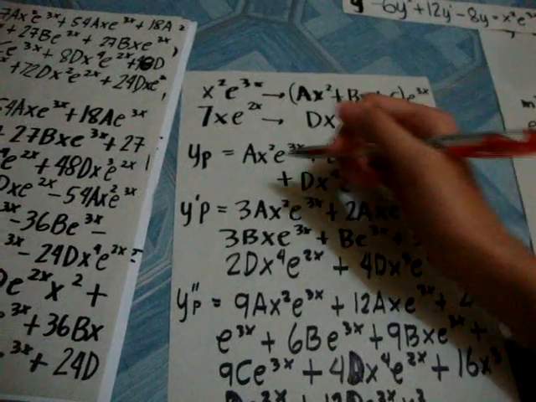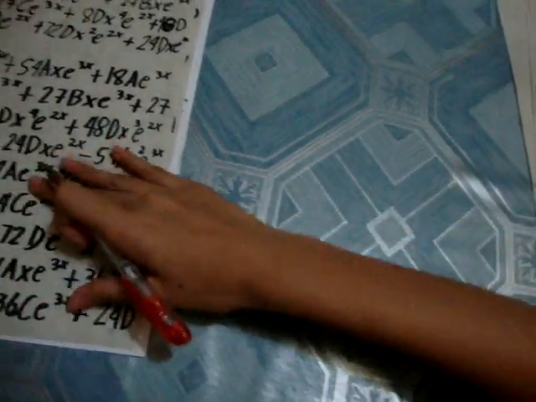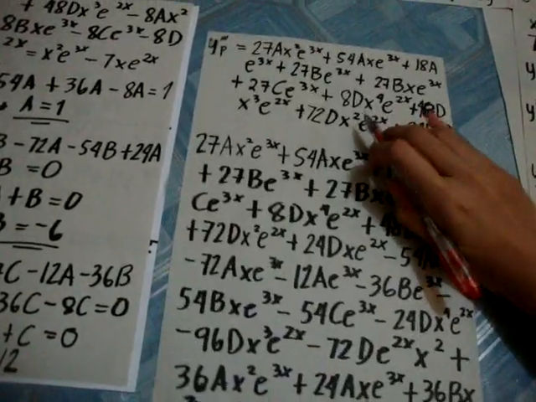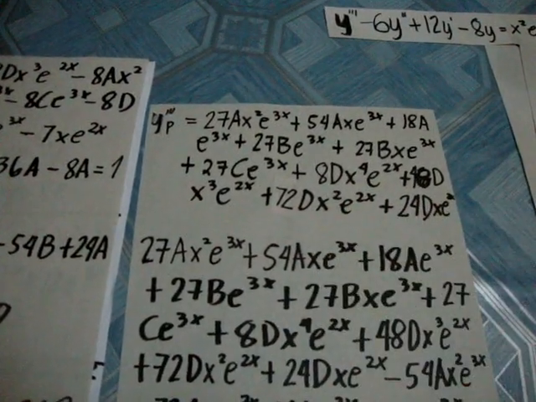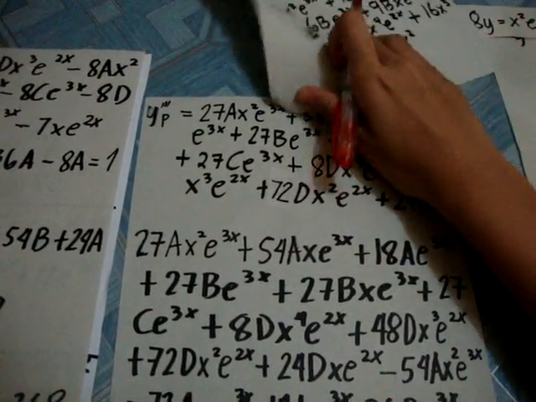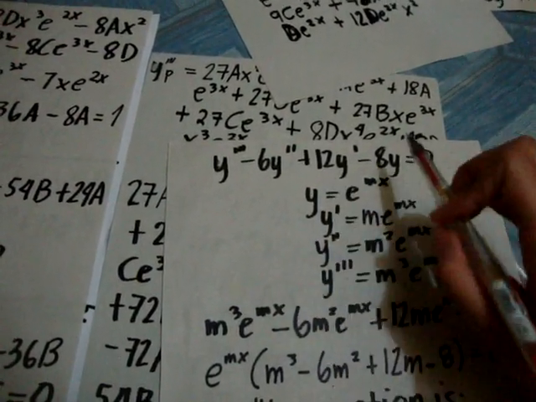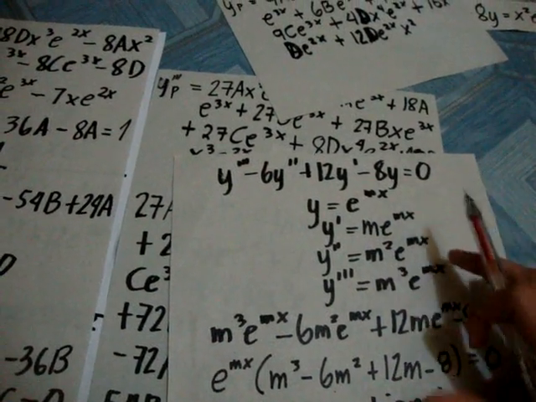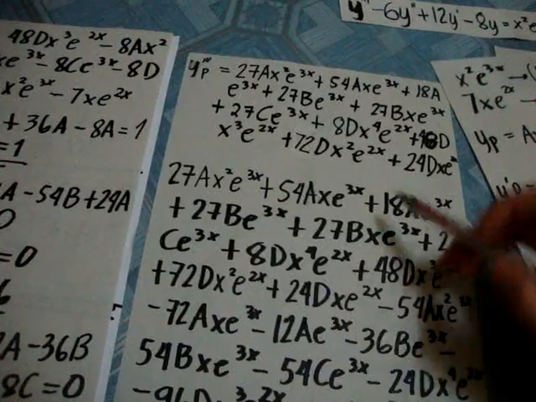We are going to find its first derivative, second derivative, and third derivative. And these derivatives, we will substitute to the equation y triple prime minus 6y double prime plus 12y prime minus 8y. And so we will have this equation.